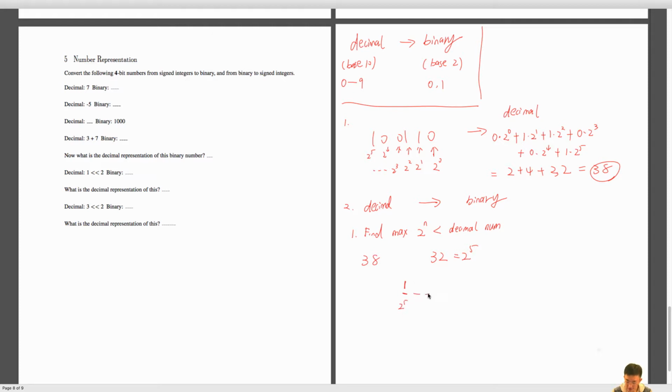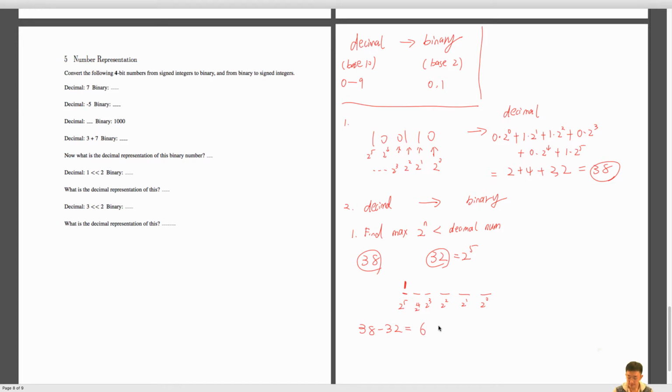Then we have 2 to the 4, 2 to the 3, 2 to the 2, 2 to the 1, and 2 to the 0. We put a 1 here, and we subtract this number from the original number. So 38 minus 32 is equal to 6.